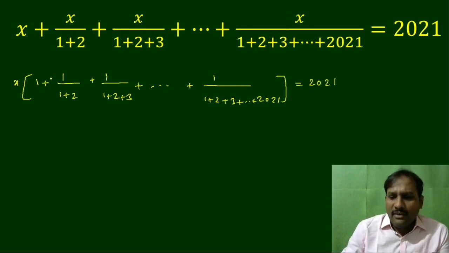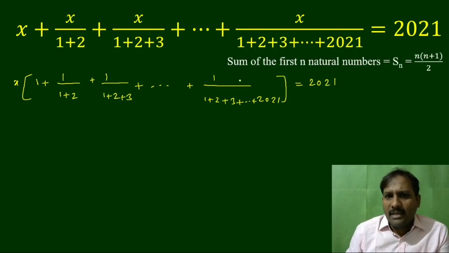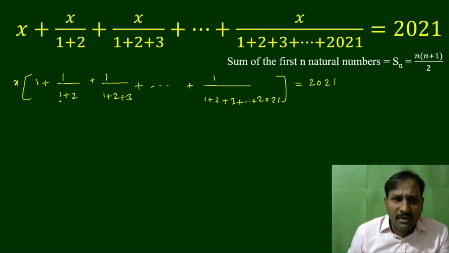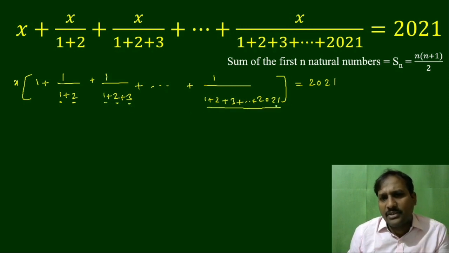Now here we have to use the concept of the sum of the first n natural numbers. Here we have the sum of the first two natural numbers, here the sum of the first three natural numbers, and in this we have the sum of the first 2021 natural numbers.